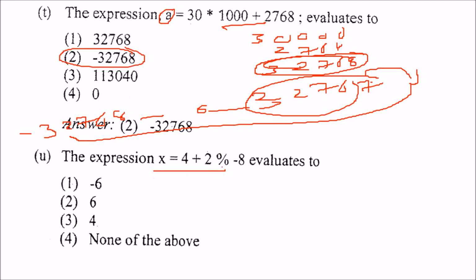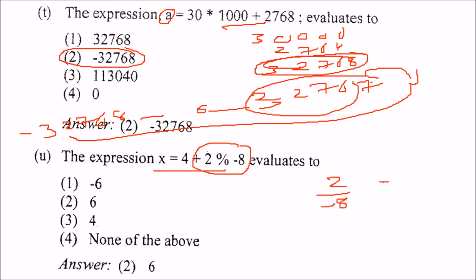The expression evaluates to what? What will be the answer? The answer will be 6. Why? Since we have 4 plus 2 modulo minus 8. First of all, this will be done, we know the precedence. So 2 modulo minus 8.